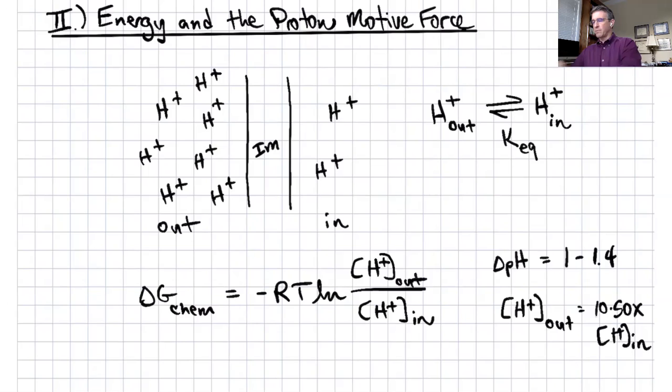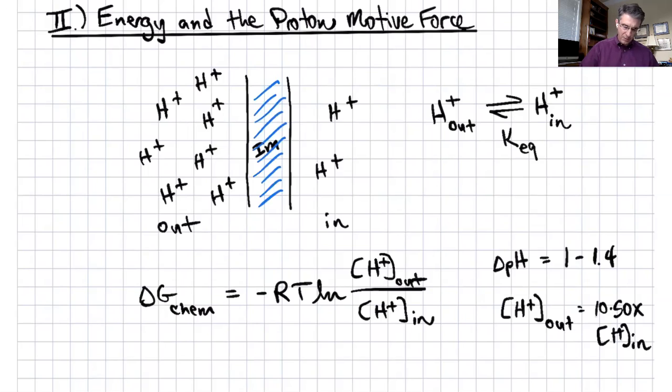But we know, just in principle, sitting there and staring at this problem, there's got to be more to it, right? Because in addition to there being this difference in chemical concentration, the pH, the hydrogen ion concentration, there has to be a difference in charge state because these protons are not neutral, they're charged.